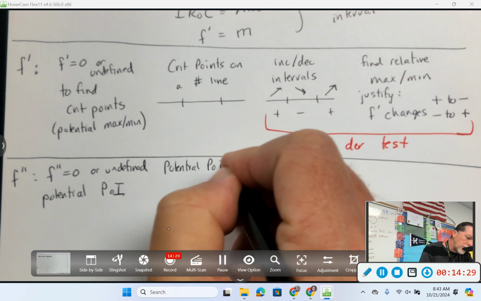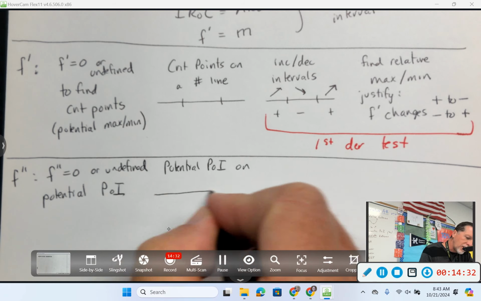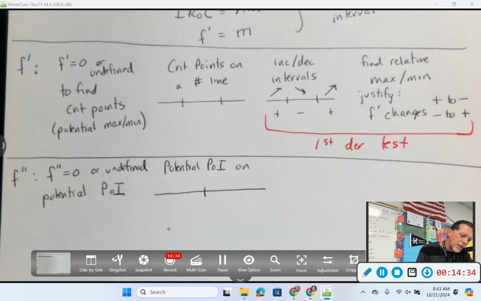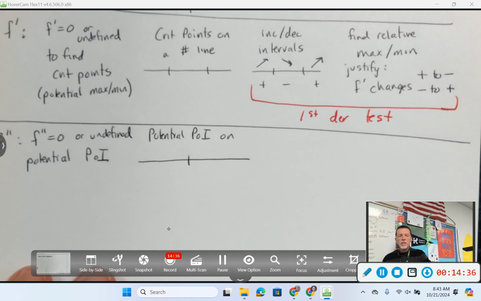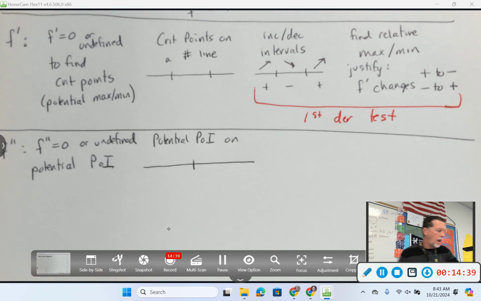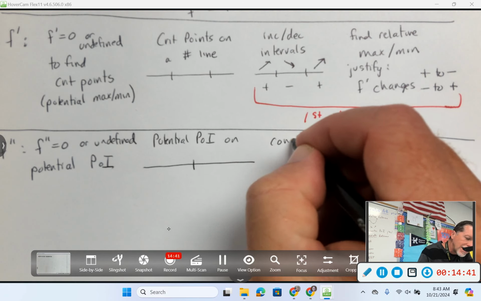So we'll put our potential points of inflection again on a number line. And then that will tell us concavity intervals.